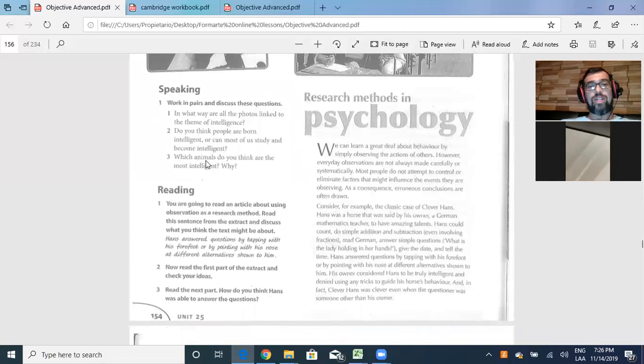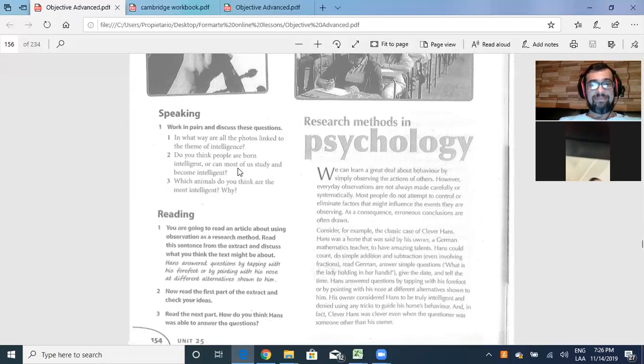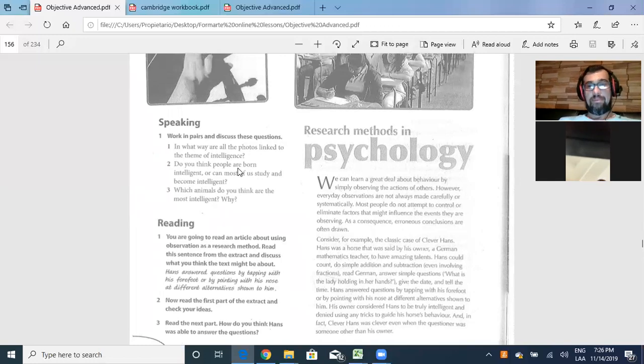Okay, number three says, which animals do you think are the most intelligent and why? Well, I don't know a lot of information about animals, but I think that dolphins are one of the most intelligent because they have a special way to communicate between them.